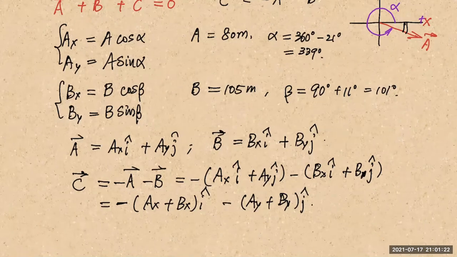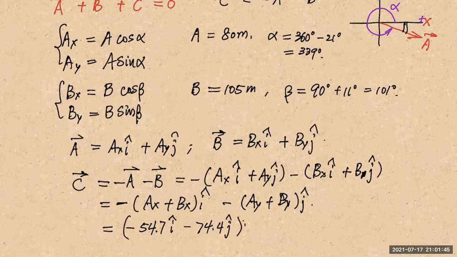And if you did that, you are going to get, okay, I'm going to spare you the steps of numerical calculation. Just plug the numbers yourself. It is equal to negative 55 plus 7i, and then minus 74 plus 4j.